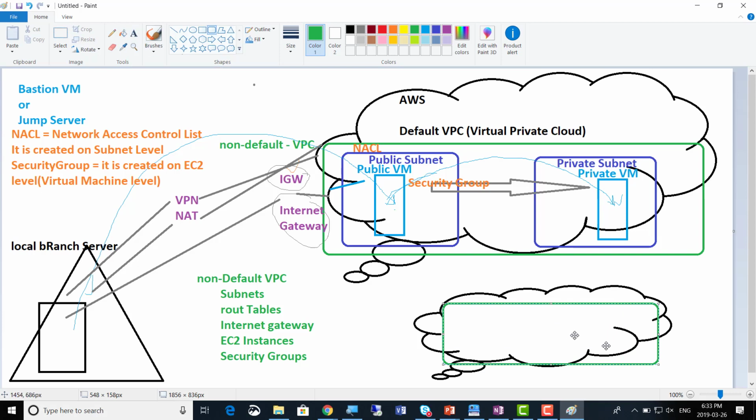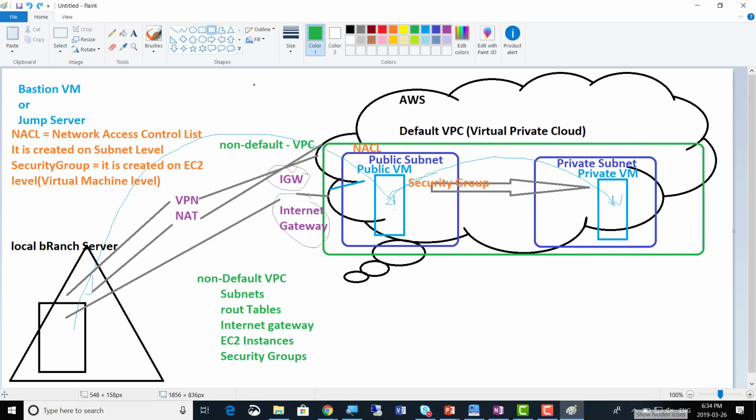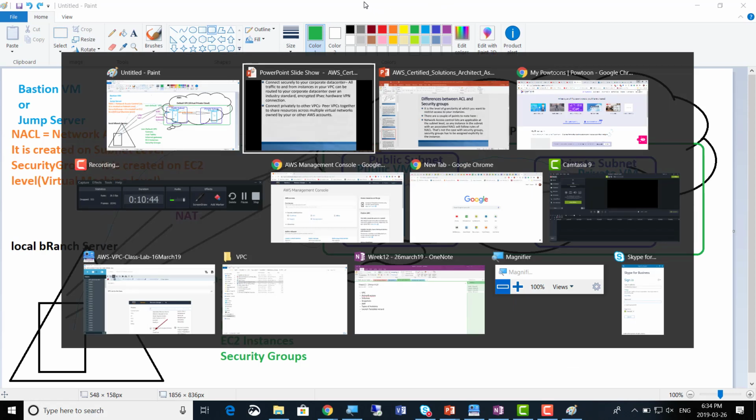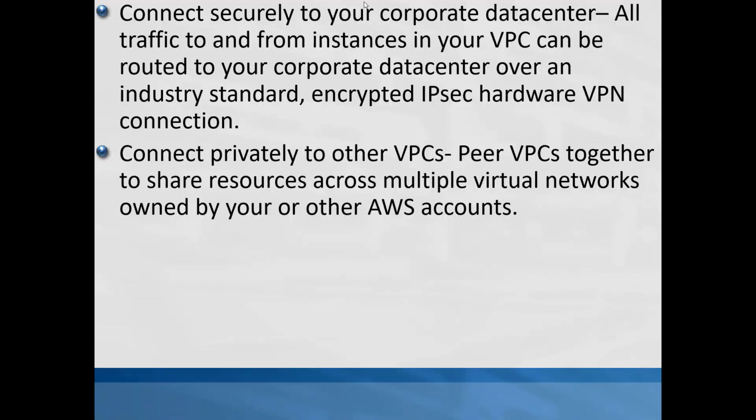So separate AWS accounts and separate VPCs can communicate with each other, or basically you can just create 5 total non-default VPCs here. So we're going to create one VPC here and non-default, but you can create 4 more, and in each VPC you can create 200 subnets. So that's a lot of subnets that you can create to make your environment really secure and customized.